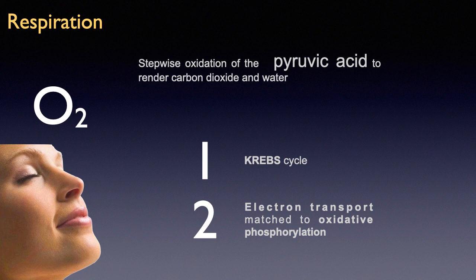And this includes 2 processes. First, we have the citric acid cycle, most commonly known as the Krebs cycle, and later the electron transport chain that is coupled to oxidative phosphorylation.